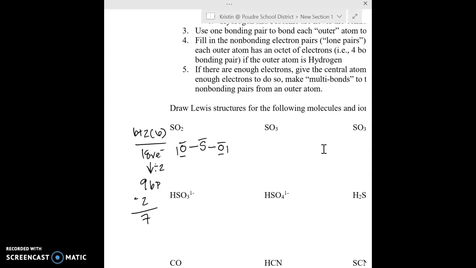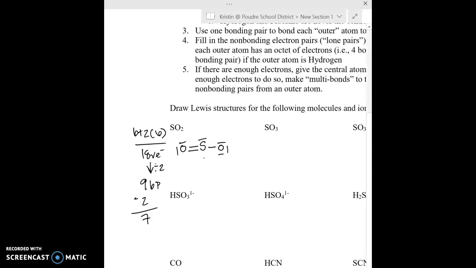So I'll take one of my lone pairs off an oxygen. I'll just do this one. And I'm going to put it to be shared between the oxygen and the sulfur. So now oxygen still thinks it has 8. Sulfur thinks it has 8. And the right-hand oxygen hasn't changed at all, so it still has 8.